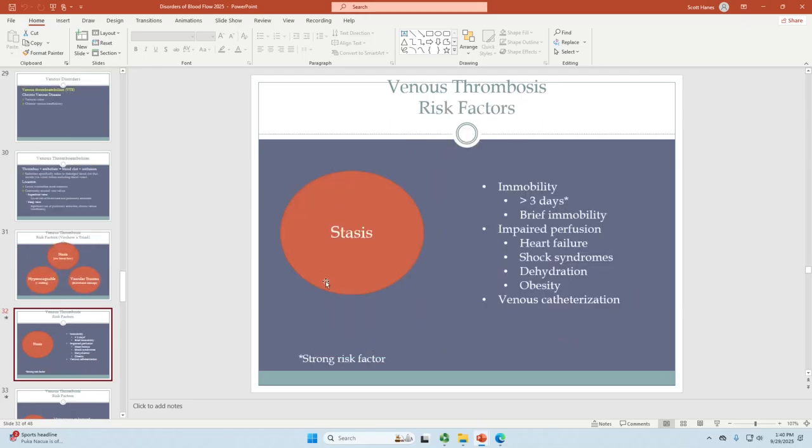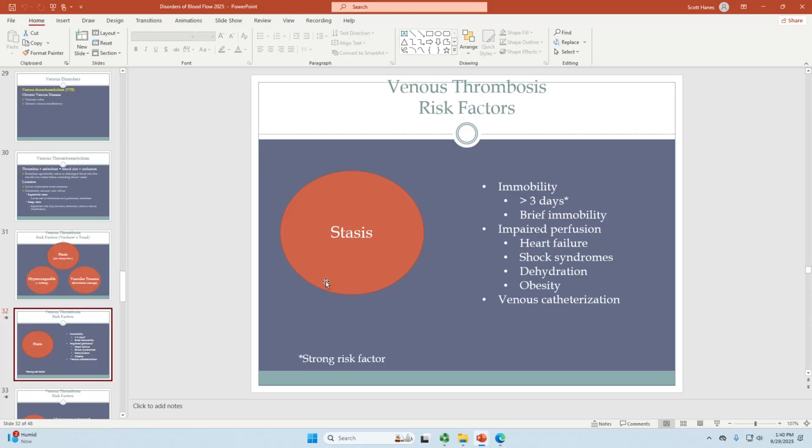So stasis, what does that mean? What are our risk factors? Typically, the longer somebody is immobile, the more that risk. Okay? So a particular concern, at least from my experience, and there are many other examples, but patients in the ICU that are severely ill, they're not getting up and walking around, right? They may be in the bed, not moving any parts of their body for several days.